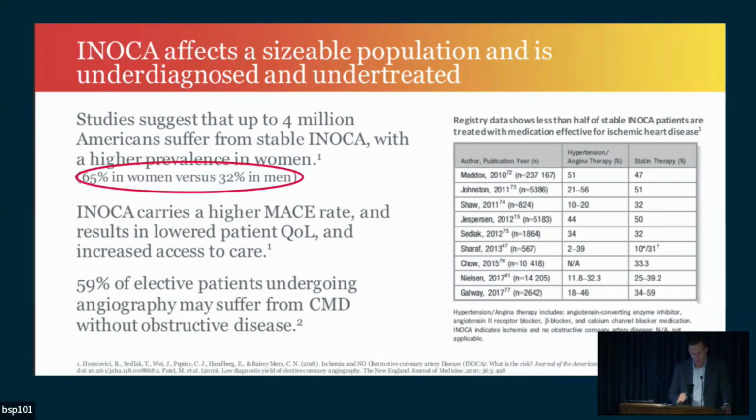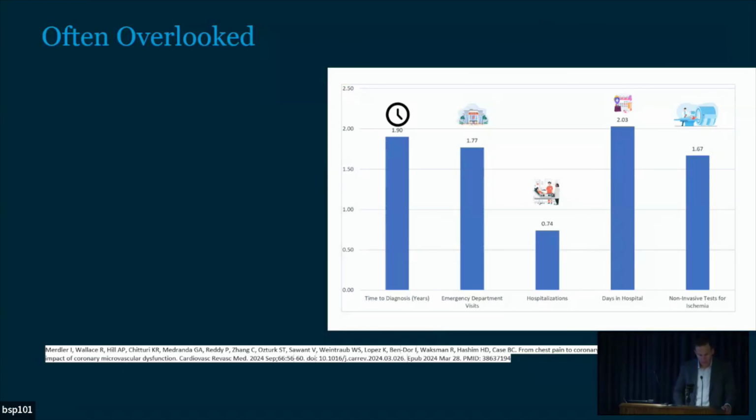It's also typically seen in younger women. So, women in their 30s and 40s who have been told that their chest pain is not related to their heart, let's reconsider that. It's often overlooked.